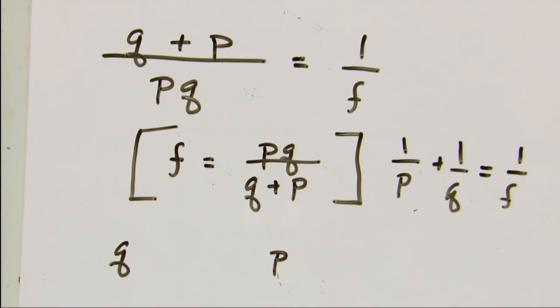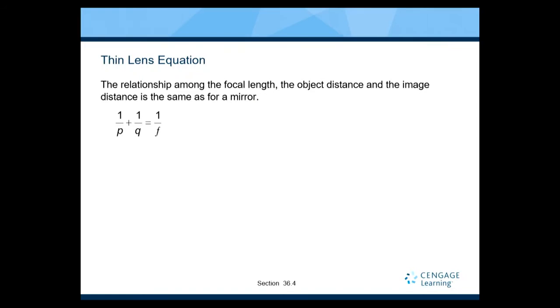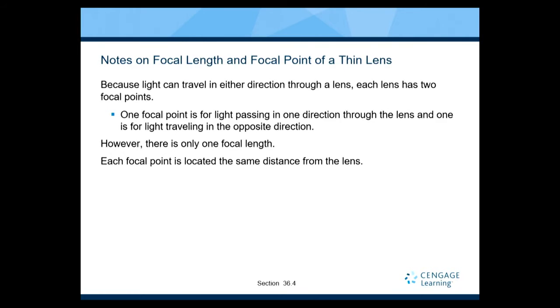So it's a nice way to rearrange your equations so that you have the information just the way you want it. And it's also easier for you to work with down the way. So that's our lovely thin lens equation.